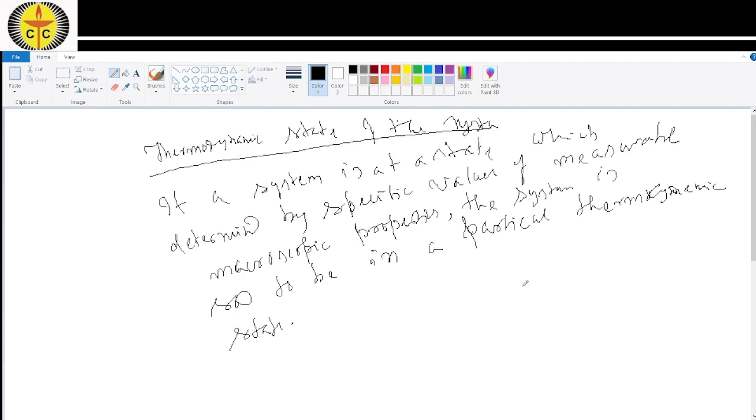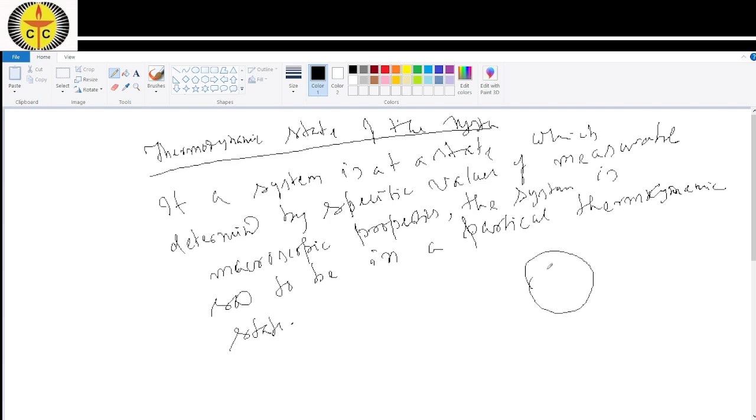Suppose a system is there, its state is defined or determined by a set of macroscopic properties. Suppose pressure, temperature, volume. Three properties are there. For the set of values of P, V, and T, the condition of that thermodynamic system is called a particular thermodynamic state. So the thermodynamic state is determined by the set of measurable macroscopic properties.